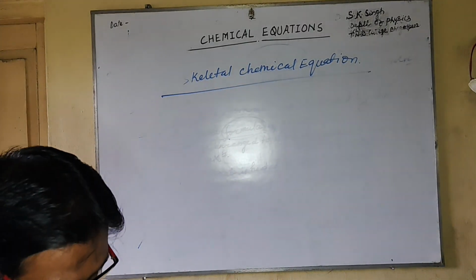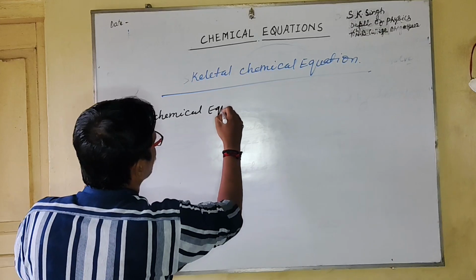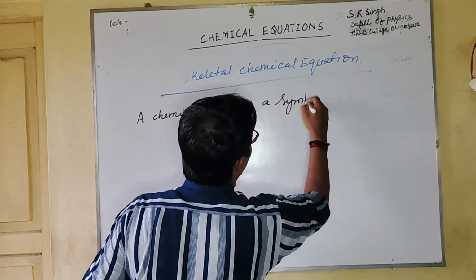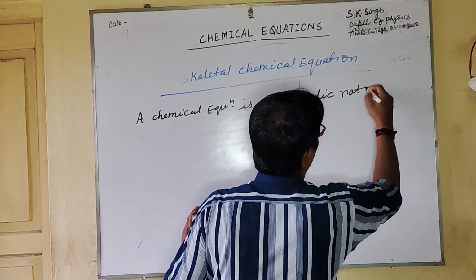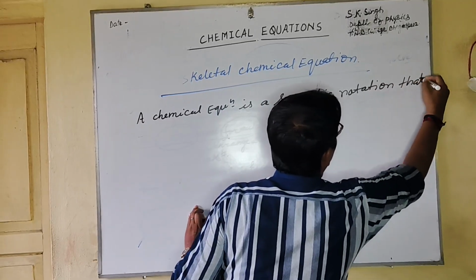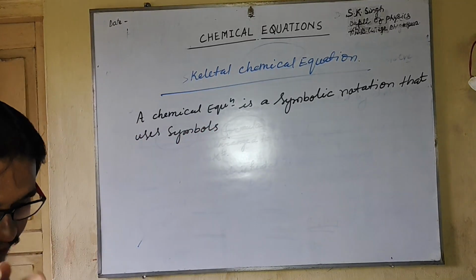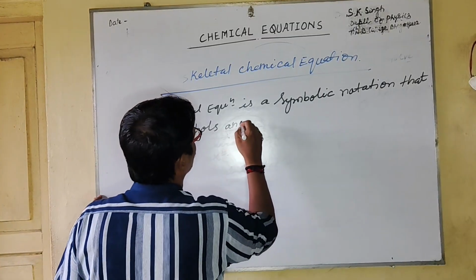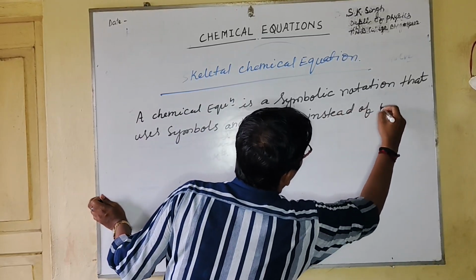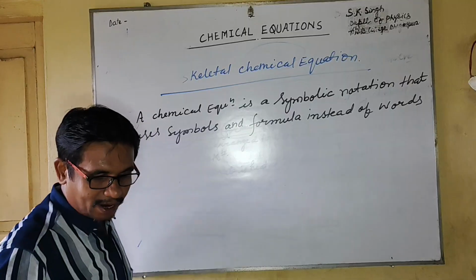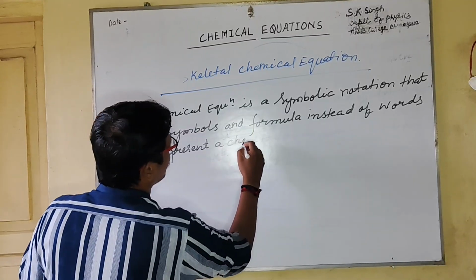A skeletal chemical equation is a symbolic notation, represented by symbols, that uses symbols and formulas instead of words to represent a chemical reaction.